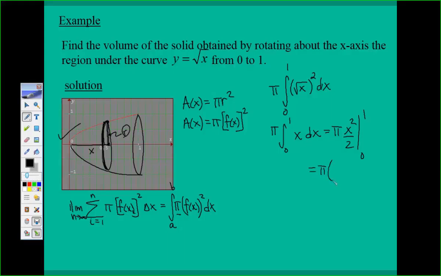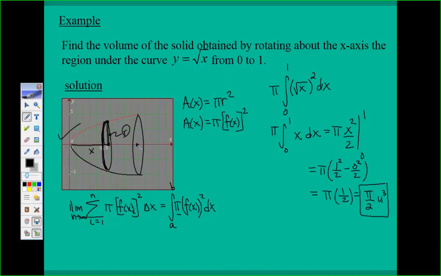So using the fundamental theorem, we end up with pi times 1/2, or pi over 2, would be the volume. Now our units, since we're talking about volume, would be cubed. So there's the volume of this object here.